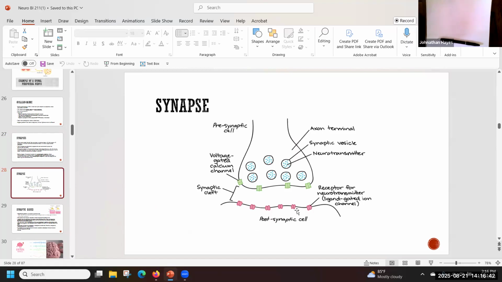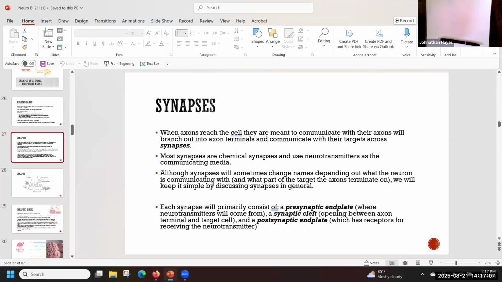Be familiar with those, because with certain diseases, like myasthenia gravis, it might be a problem up here, or a problem down here with the receptor site itself. And with certain medications, like reuptake inhibitors, the effect is in here. It's just good to be familiar with these terms, but nothing really new for us to describe.